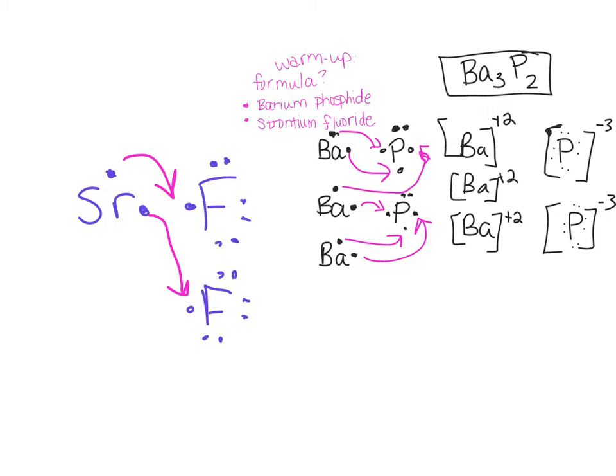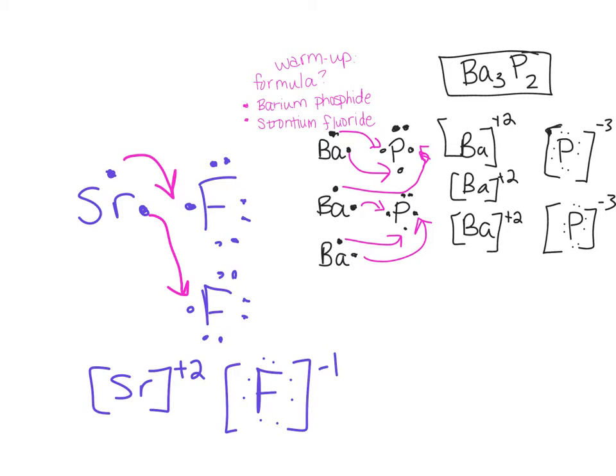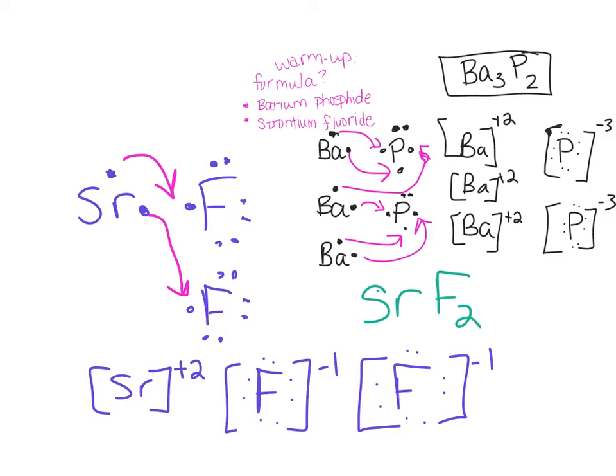So we have strontium with nothing around it and a +2 charge. You had fluorine with 8 dots in brackets with a -1, and the other fluorine with a -1. And now you can get your chemical formula from that, which would be 1 strontium and 2 fluorines, which was your final answer.